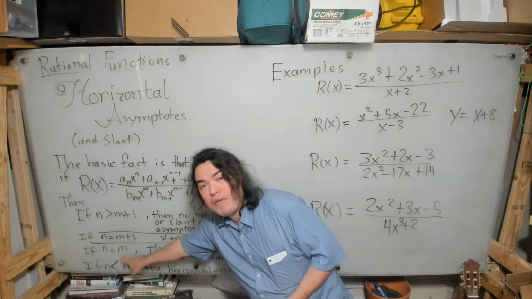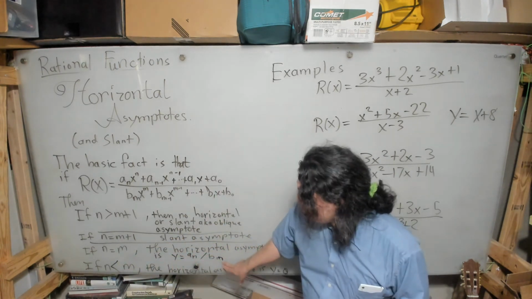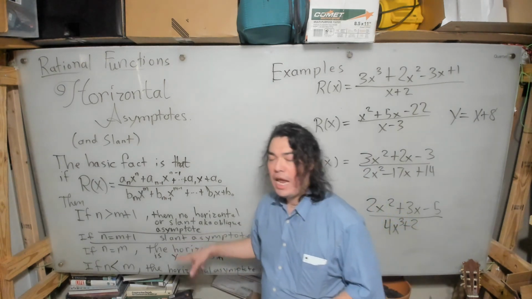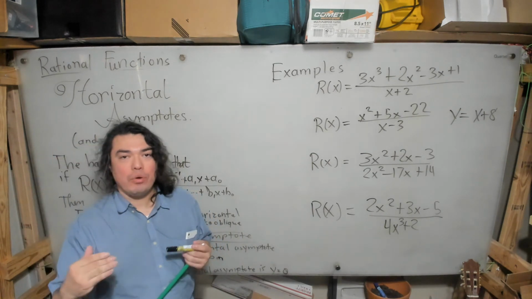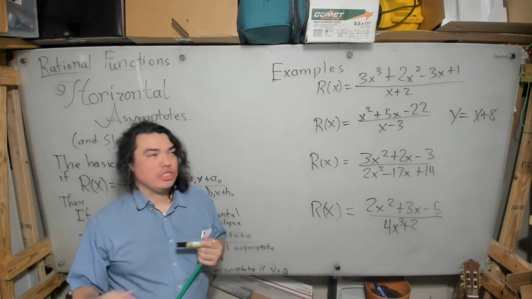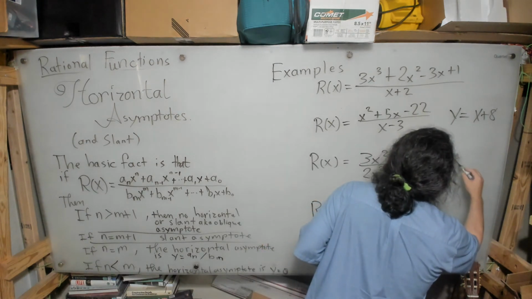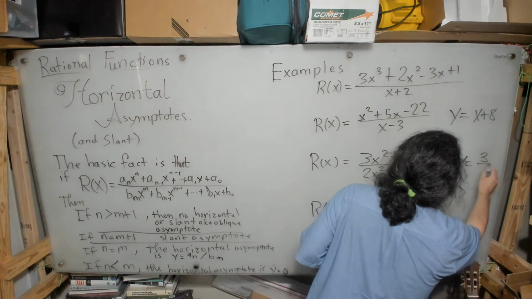If n equals m, if the degree of the top equals the degree of the bottom, what does it say? Then the horizontal asymptote will be y equals a_n over b_m. In other words, it'll be the ratio of the leading coefficients, okay? So here, the horizontal asymptote will be y equals 3 over 2.